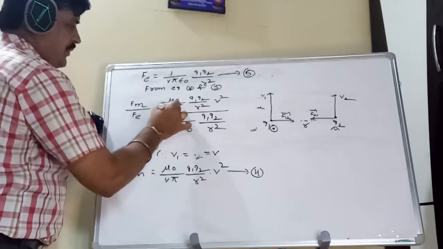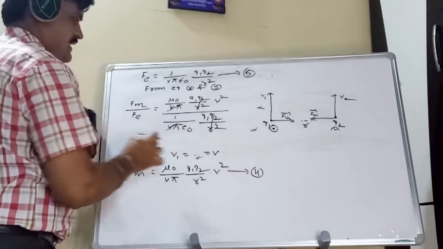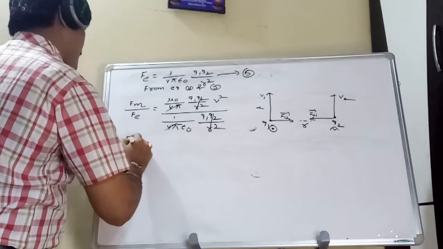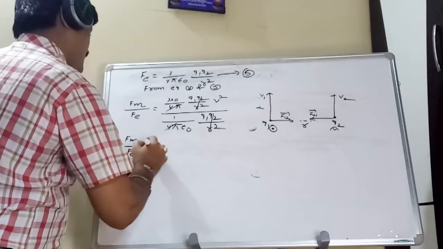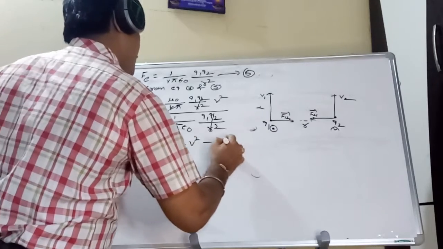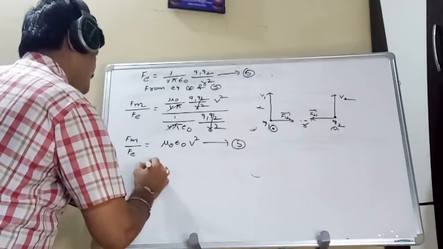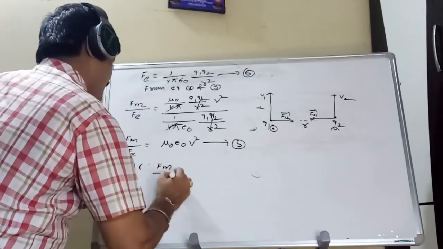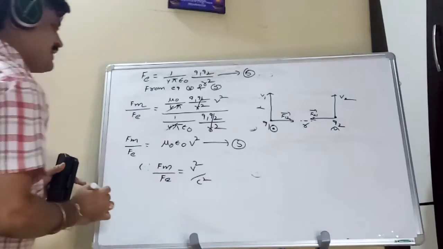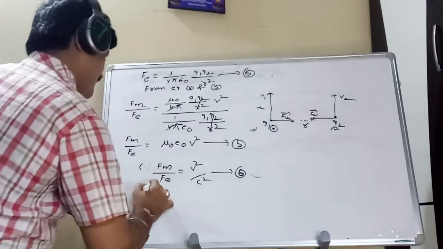Here 4 pi cancels, and Q1 Q2 by R square cancels. Remaining, Fm by Fe equal to mu naught epsilon into V square. This is the fifth equation. Also Fm by Fe is equal to V square by C square. This is the sixth equation.